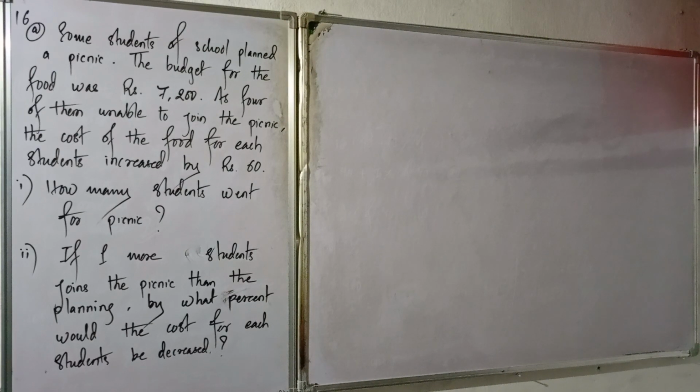So in 16A, you can see there, some students of a school planned a picnic program. So some students of the school, so we have to consider two variables. One variable representing the number of students of the school, and another variable representing the cost per each student they collected.